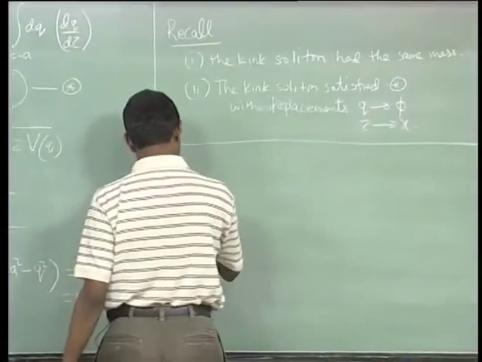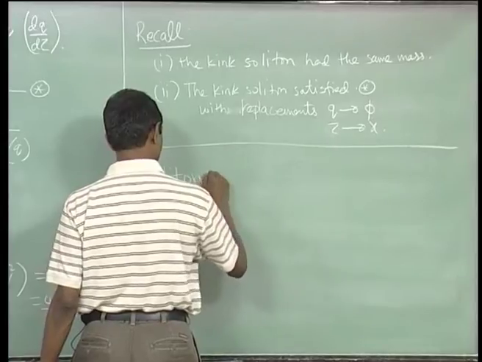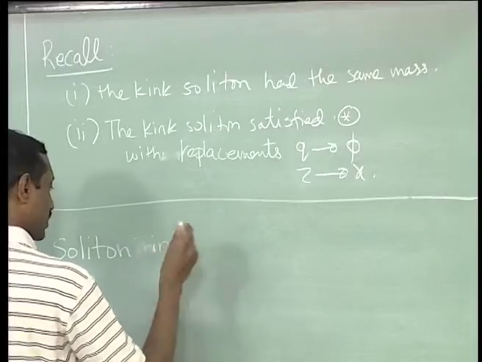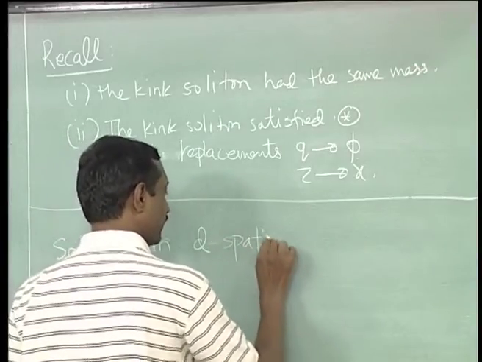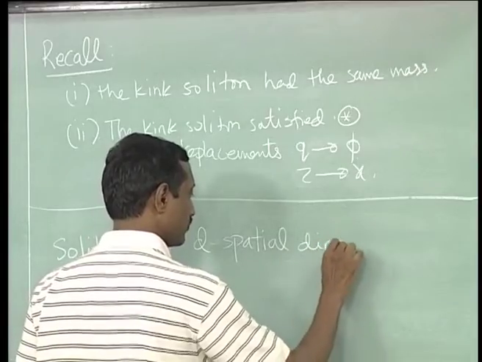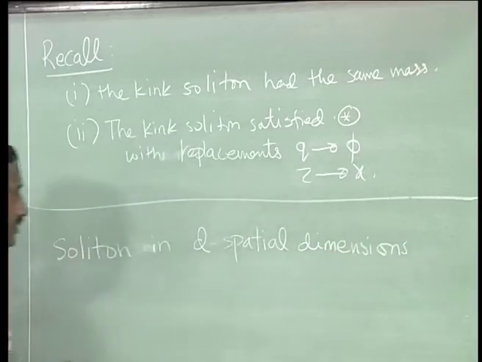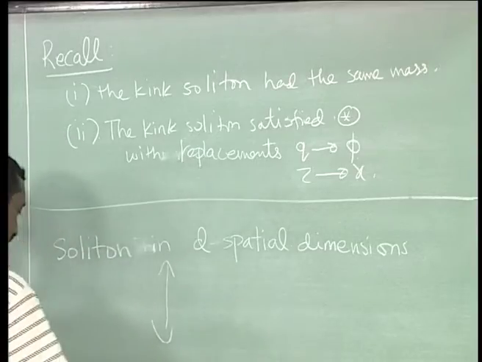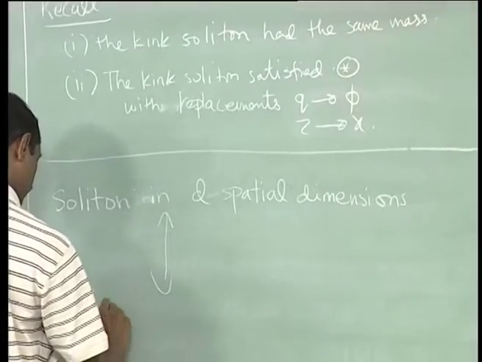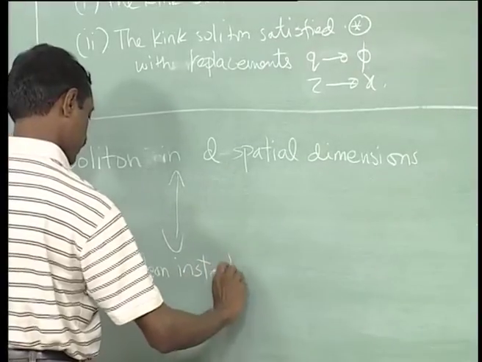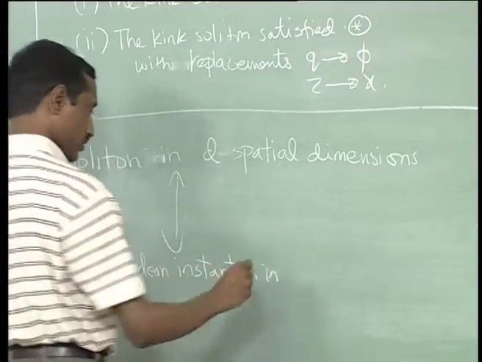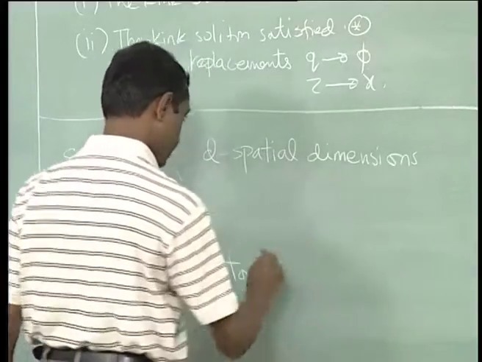So, a soliton in d dimensions, d spatial dimensions, which we would have said was time independent in d plus 1, kind of appears to have some relationship with a Euclidean instanton in some other theory, in a d dimensional theory.